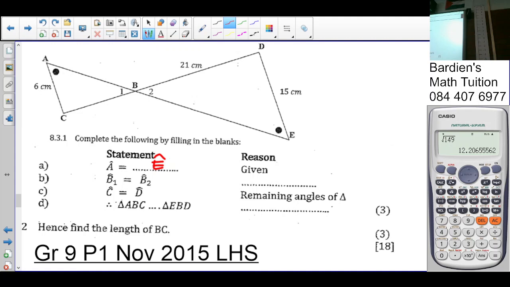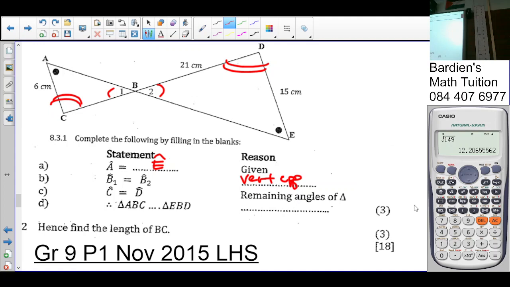Then B1 is equal to B2, vertically opposite. Angle C is equal to angle D, third angle of triangle, the remaining angles of the triangle. You see that they already put that in there.